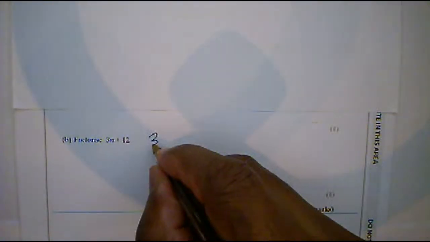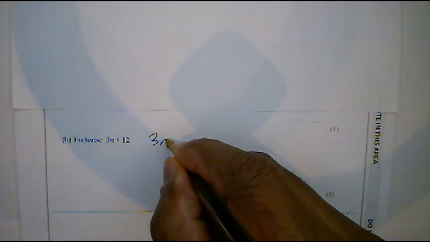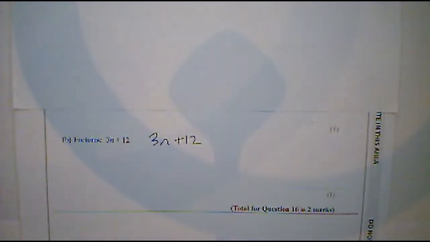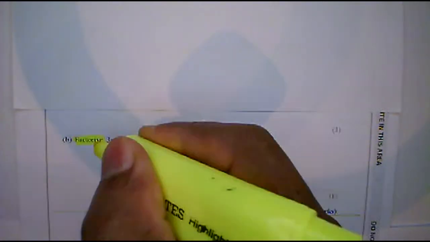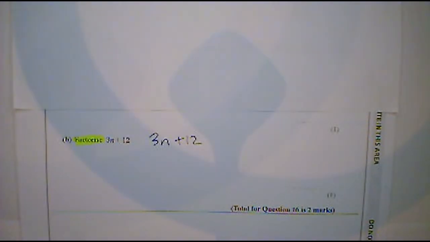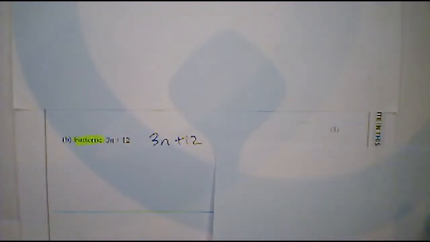So the question is factorize 3n plus 12. So what does factorize mean? That's key. If we don't know what that means, then we're going to be struggling with this topic. So we have to think about factorizing like factors. If you think about factors, let's take, for example, 24.